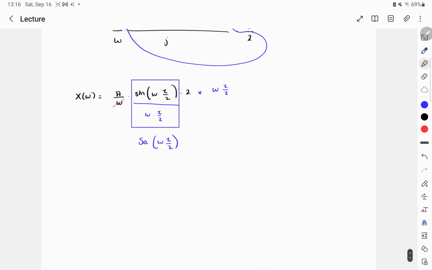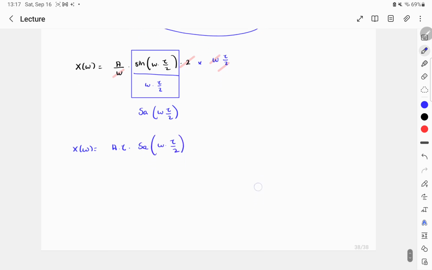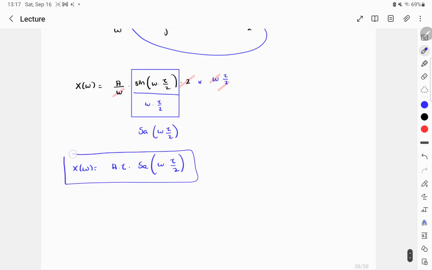The omega here cancels out, the 2 here cancels out, and eventually we will have our Fourier transform as a times tau times sinc of omega tau over 2. This is our result, and this is the Fourier transform of a rectangular pulse.